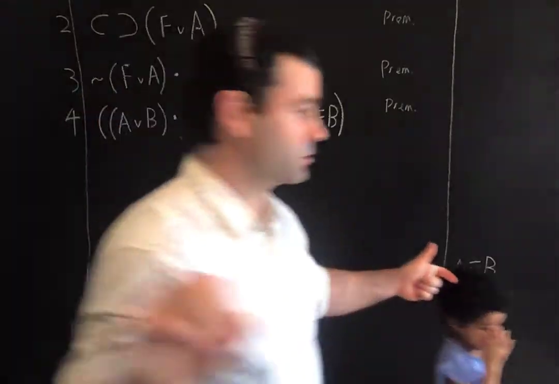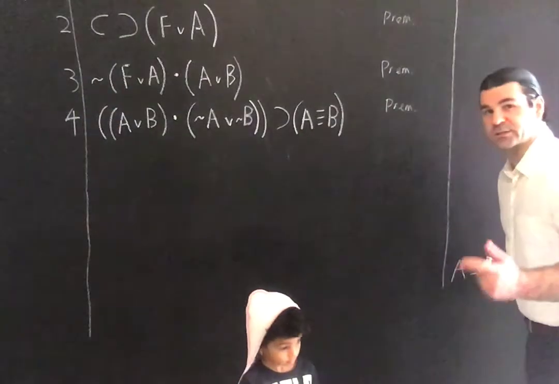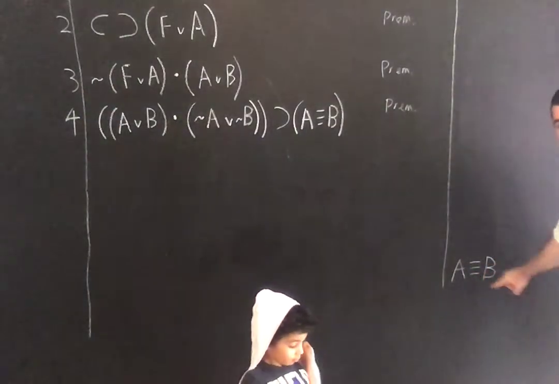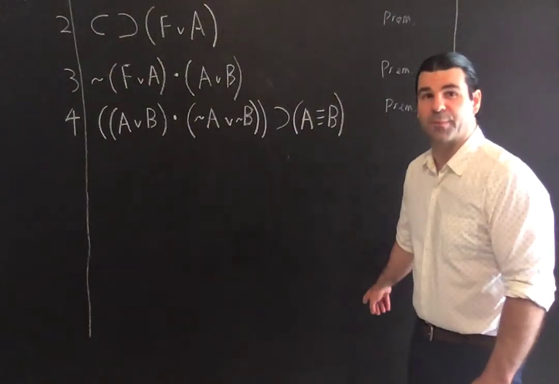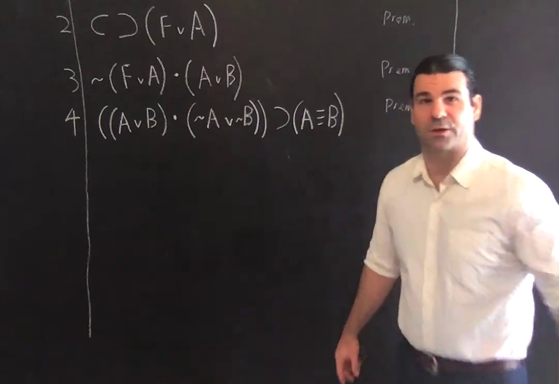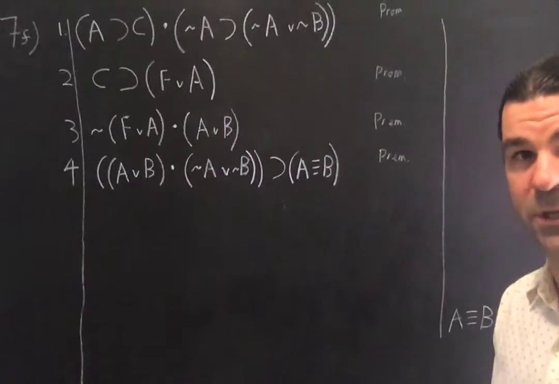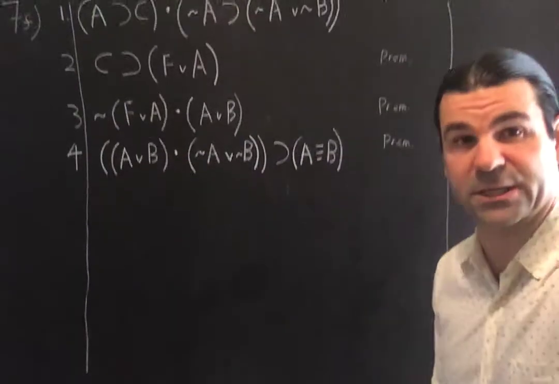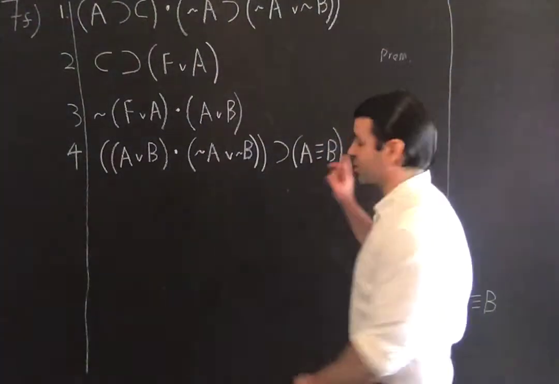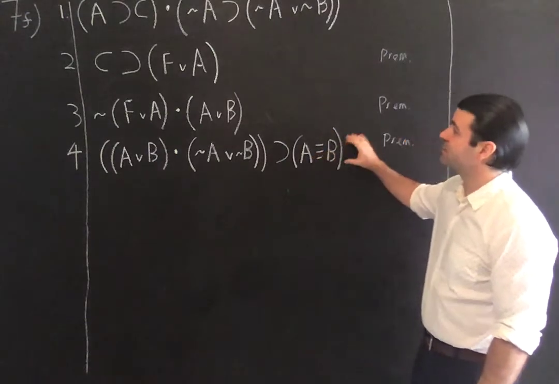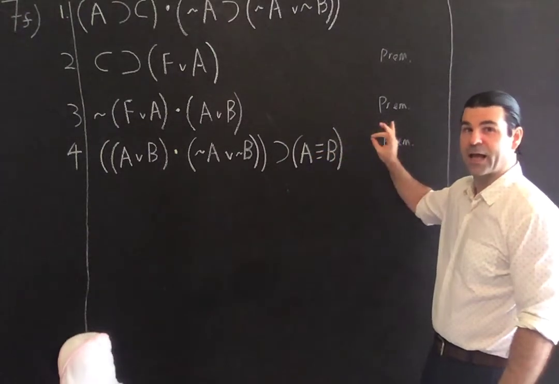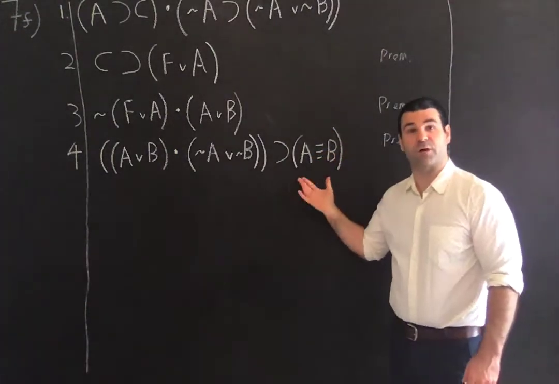Now, you could ask, where does this formula, as a whole, plus or minus a negation, appear amongst the premises? And you'll see straight away that it does occur amongst the premises. It occurs in premise 4 as the consequent of a conditional.